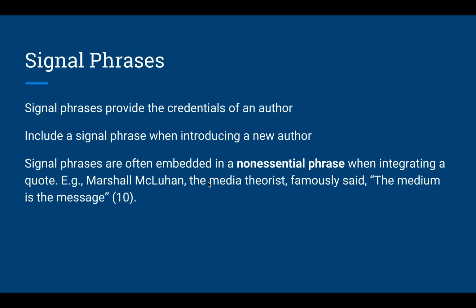Non-essential here just means this phrase is not essential to the sentence. You could just as easily have said "Marshall McLuhan famously said," but not everyone knows who Marshall McLuhan is, so it would be good to put a signal phrase providing the author's credentials here. And that is one of the easiest ways of doing a signal phrase.